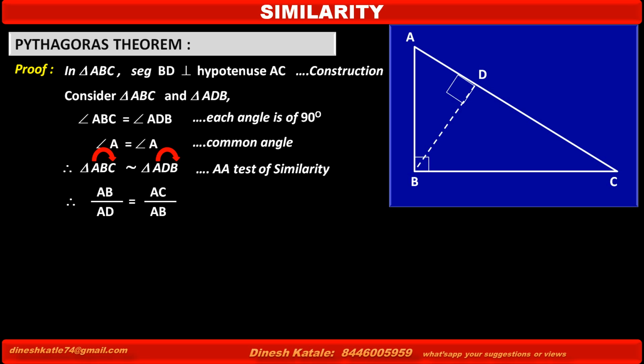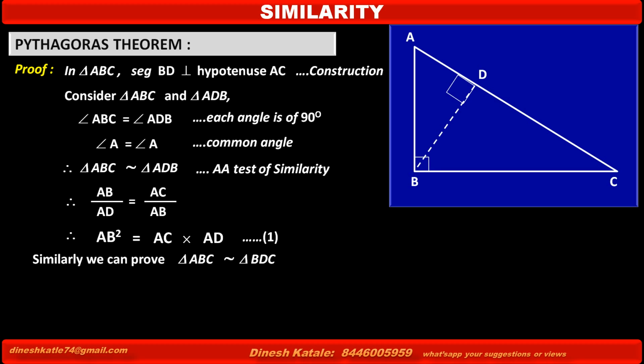Again, AC and AB are both corresponding sides. Therefore, by cross multiplication we get AB into AB, that is AB square, is equal to AC into AD. Consider this statement as number 1.